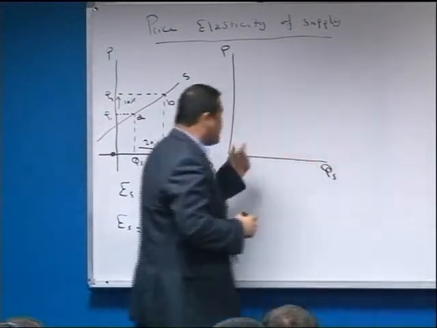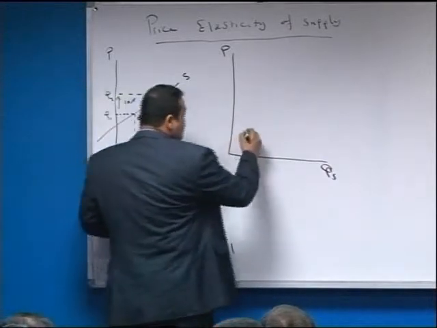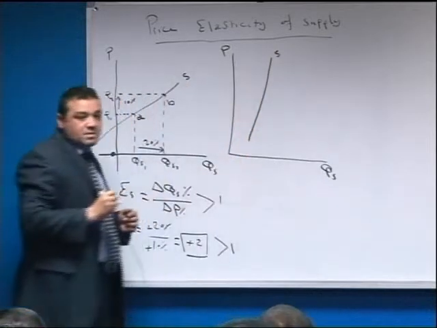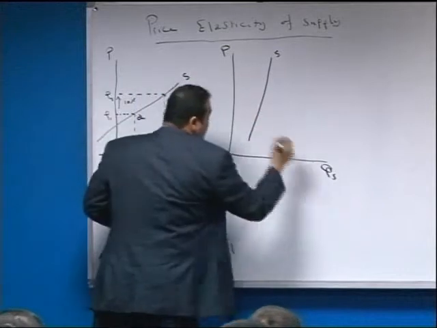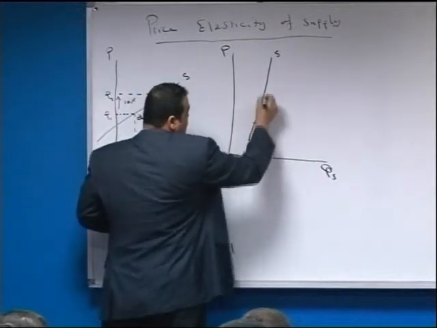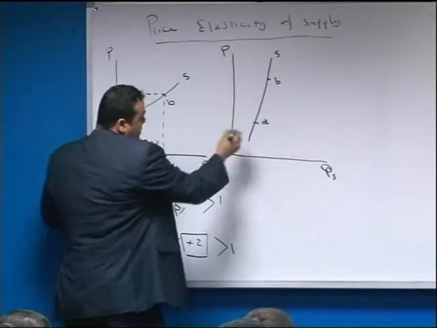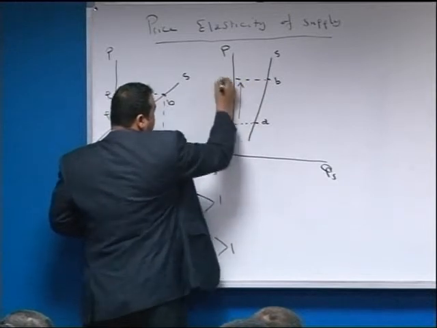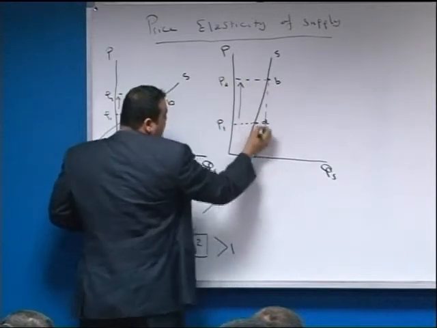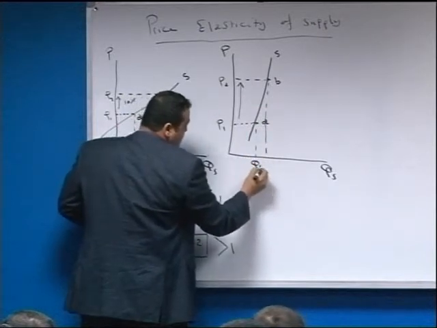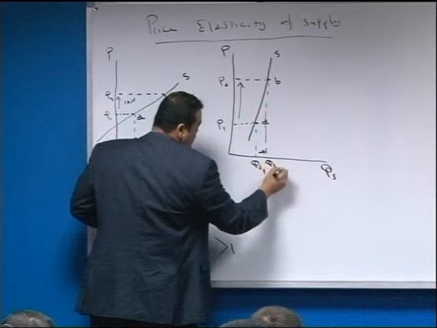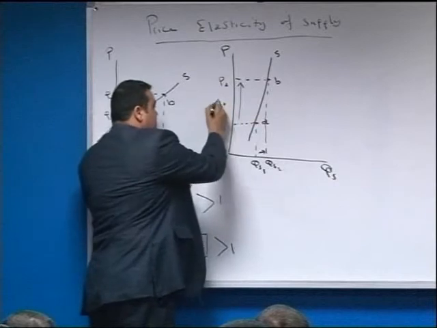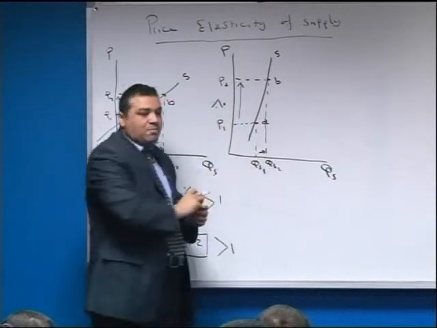Right? The second case is when supply is close to a vertical line. This is S, the supply curve. Price, quantity supplied, point A, point B. In this case, increasing the price from P1 to P2 leads to a smaller increase in the quantity supplied from QS1 to QS2. So suppose that the percentage increase in the price is 10% and the percentage increase in quantity supplied is 2%.